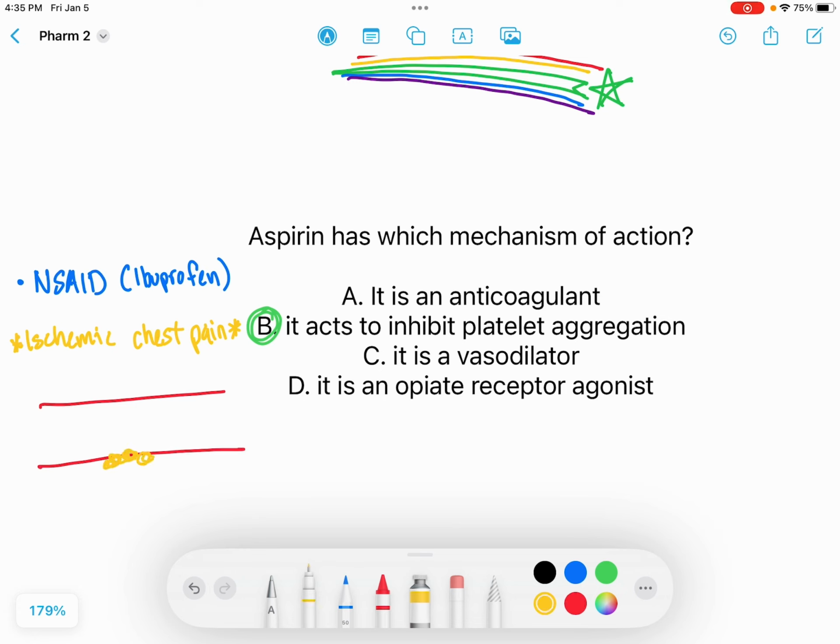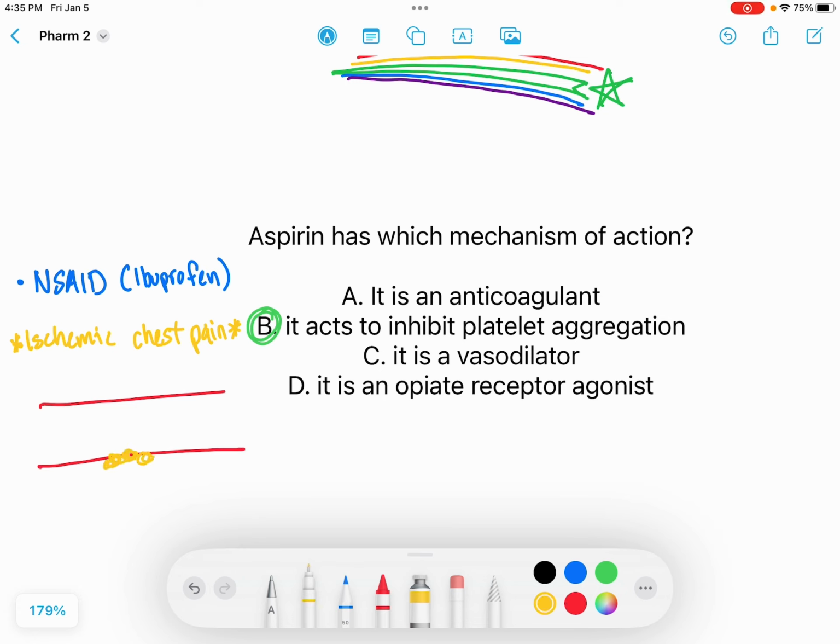And remember, when I get one platelet gluing itself to that injured blood vessel, it will signal other ones as well. And then eventually we turn a partial occlusion into a full occlusion. This is why it's important to give someone aspirin when they're having that ischemic or classic cardiac chest pain.